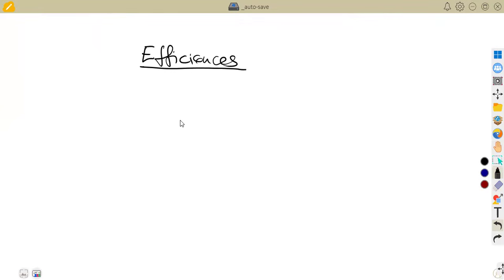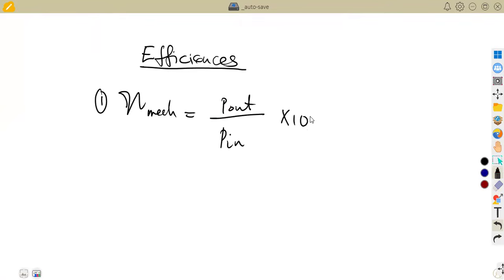So we have the mechanical efficiency. The mechanical efficiency is given as P out over P in times 100%, where P in is the power to drive the motor, which is the power to drive the compressor.